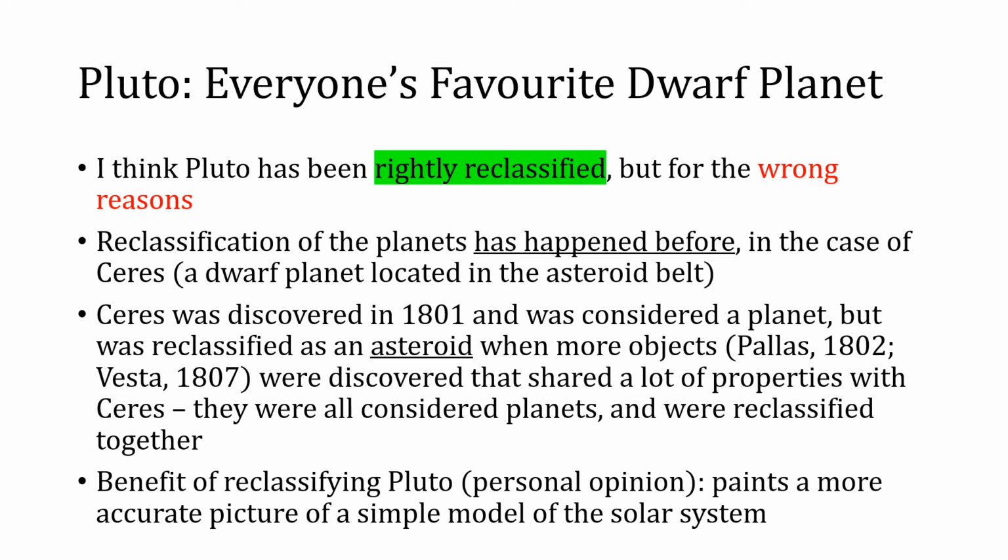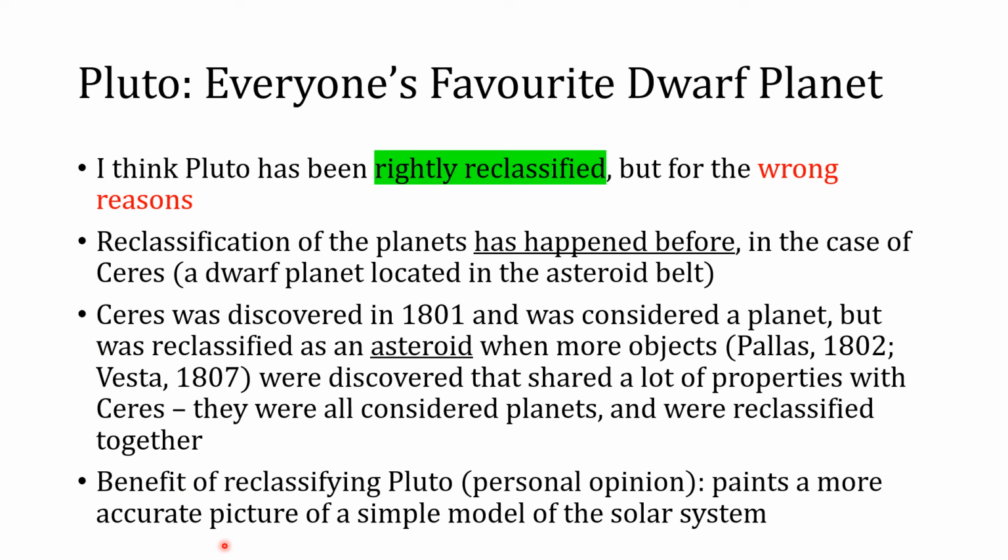the thing is, I can see it being done because this reclassification business of planets has happened before. In the case of an object known as Ceres, which is a dwarf planet that is in the asteroid belt, and you've probably never heard of it because it's not considered a planet.